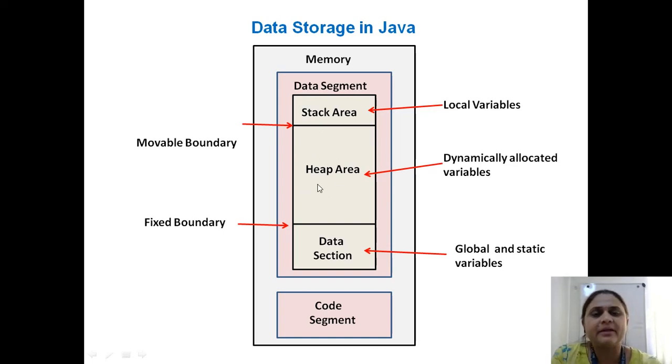Memory heap area means what? Try to understand. At a time on your computer, whichever number of applications are currently running, based on that, some space from RAM will be utilized. Suppose my computer's RAM is 8 GB. Depending on how many applications I have open currently, some space would be utilized to run them.